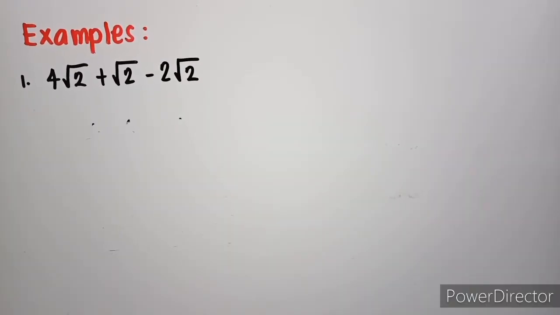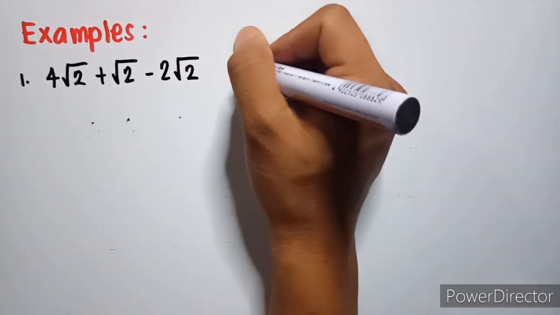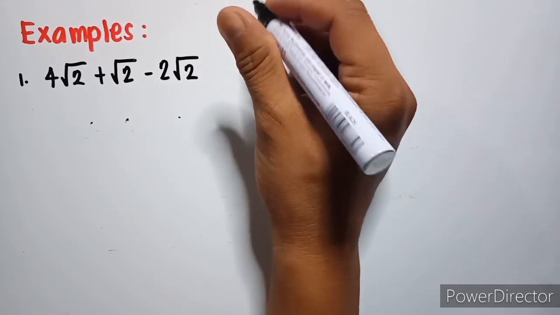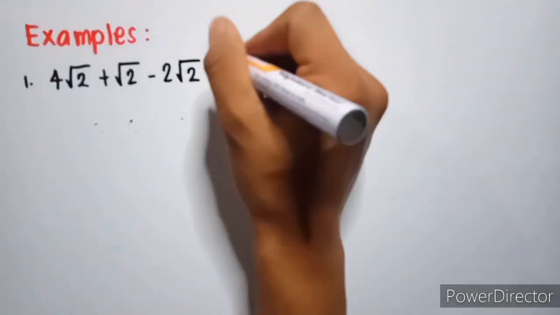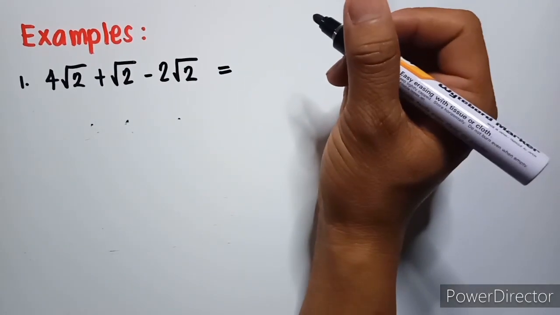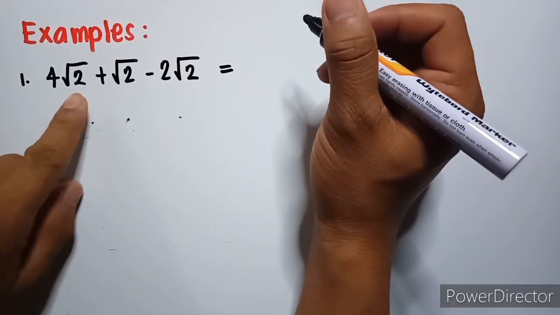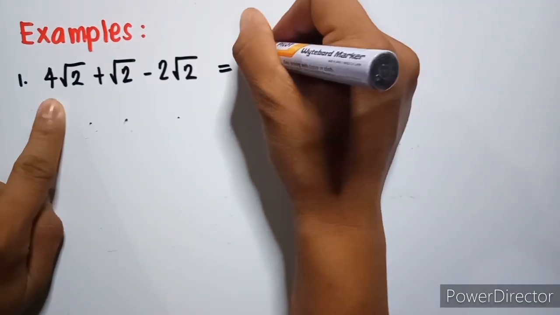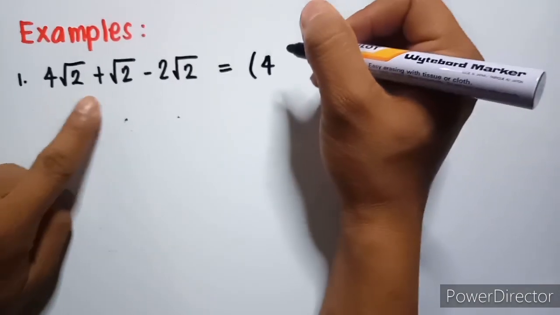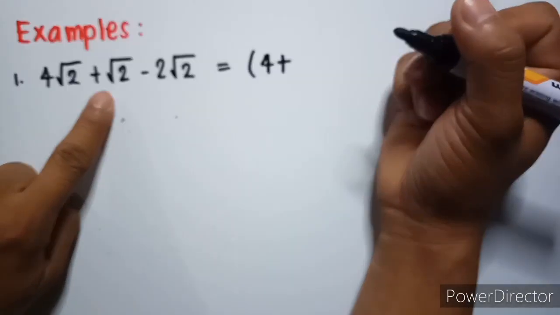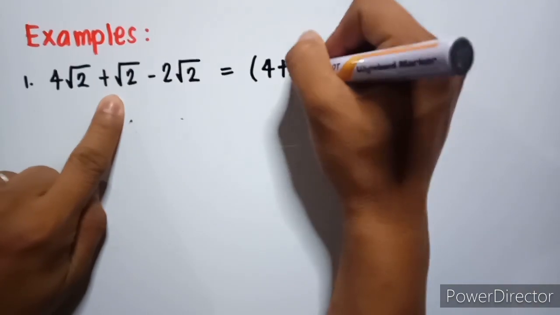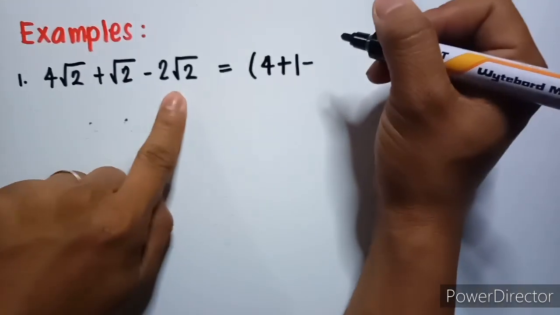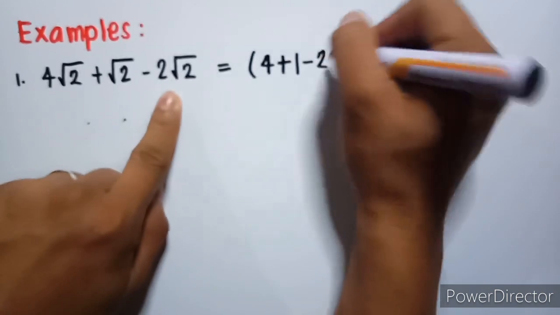Example 1: 4 square root of 2 plus square root of 2 minus 2 square root of 2. To get the answer, we take the numerical coefficients of our similar radicals: 4, plus 1, minus 2.